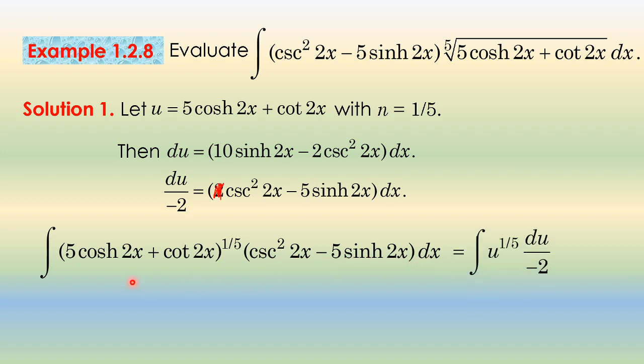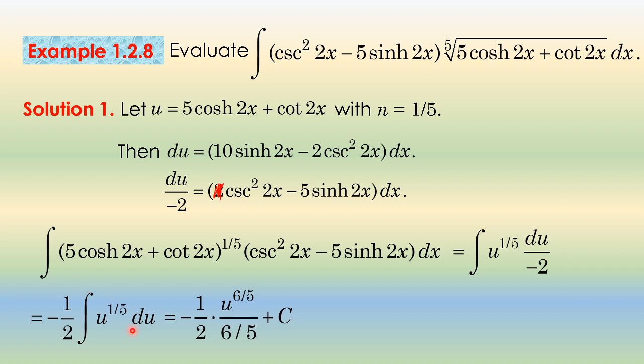So in terms of u, this part is u to the n, and this is du over negative 2. Factoring out negative 1/2, meaning put it outside the integral sign, we get negative 1/2 integral of u to the 1 over 5 du. So this takes the form u to the n du.